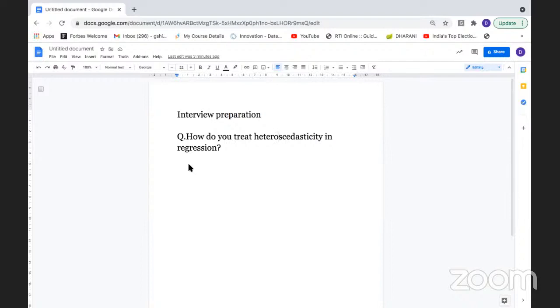Impure heteroskedasticity refers to cases where we are not correctly specifying the model, and that leads to non-constant variance. You are leaving an important variable out of the model, and the omitted effect is absorbed into the error term.